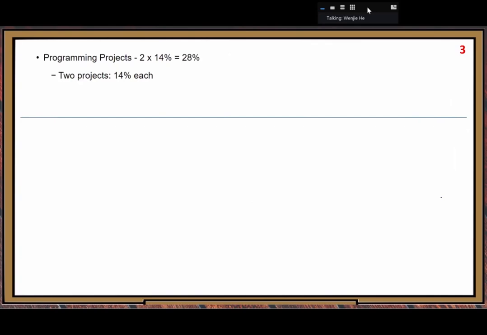But based on my previous experience, many students may not have a lot of web programming background. Approximately half of the students in this class are beginners for web programming.